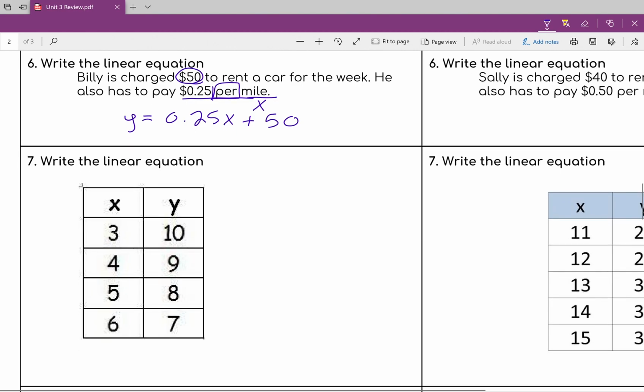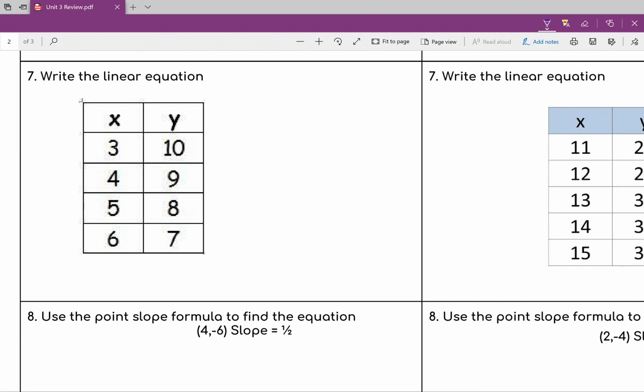Okay, number 7. Number 7 says write the linear equation. So if we look at this table, we know right away that we do not have a y-intercept. Since we don't have a y-intercept, we're going to have to find that y-intercept. But first, I'm going to show you that we need to find the slope. So remember, linear equation is y = mx + b, where m is the slope and b is the y-intercept.